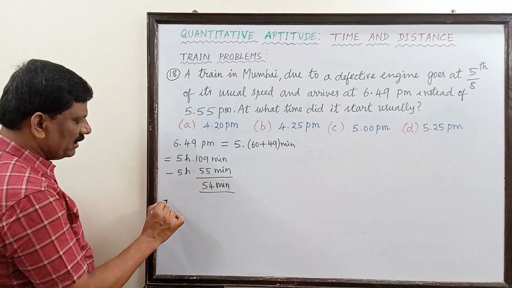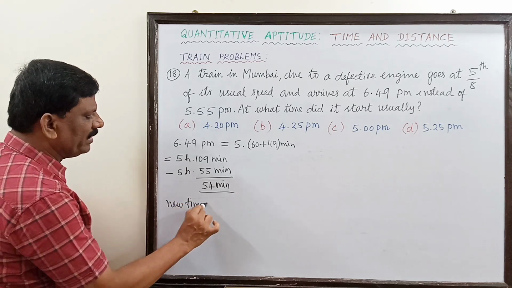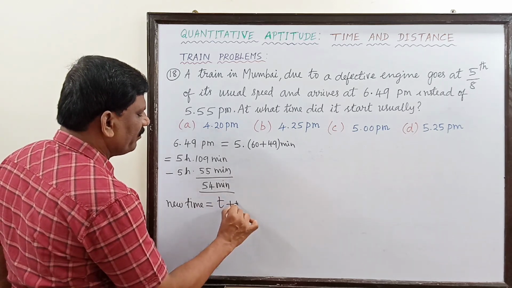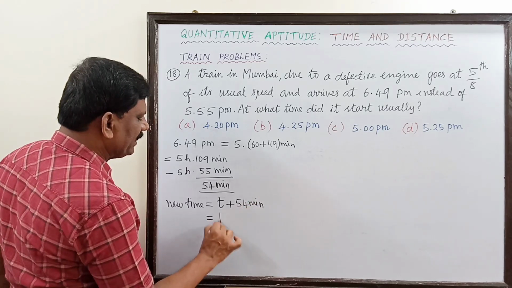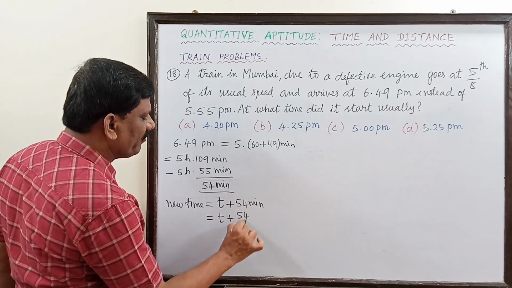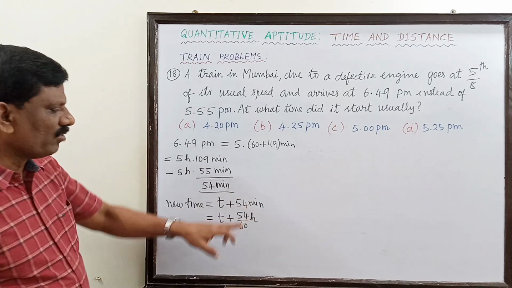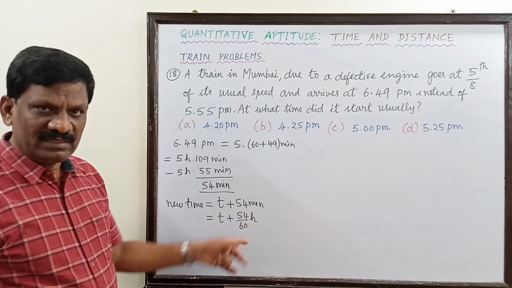So the new time will be equal to the initial time plus 54 minutes. This can also be written as t plus 54 by 60 hour, since 54 minutes converts into hours as 54 by 60.